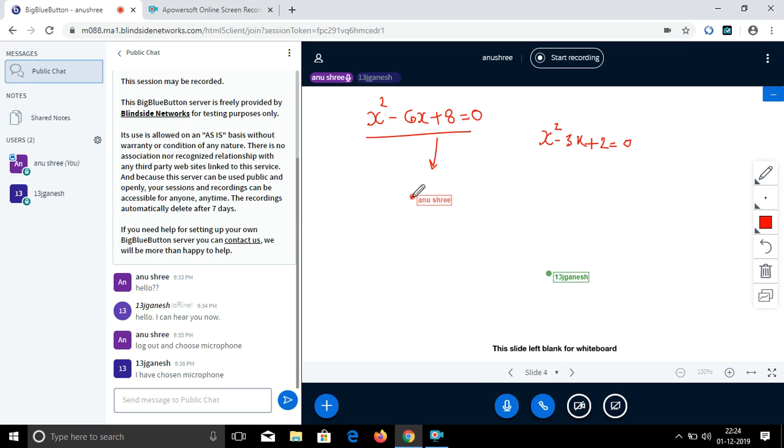Now if I talk about the completing the square method, do you know how to calculate using the completing the square method? You know that method? I think so. Okay. As of now, I'm just starting with the formula method. I'm just giving you brief info. So what's the formula method?